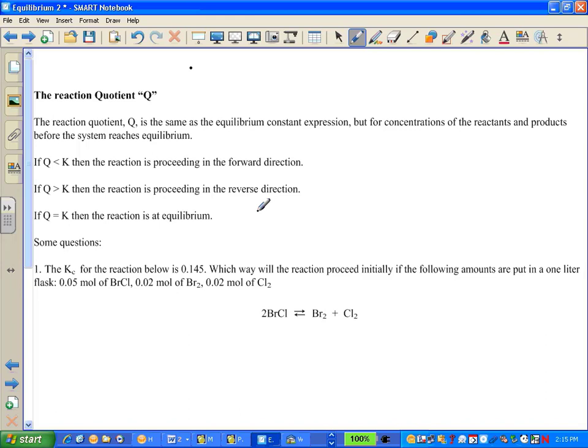If you think back to the first activity that you did with the nitrogen dioxide and the N2O4, you had one person who was the forward reaction, you had one person who was the reverse reaction, and then you had somebody else who was the checker. And that person asked you to stop, and they did a count, and they verified whether or not you were at equilibrium.